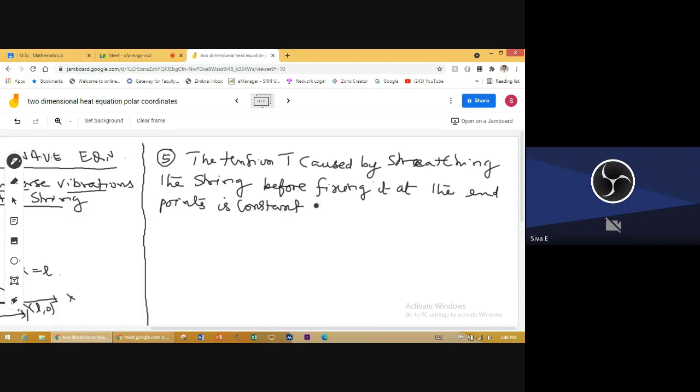Important also: the tension T caused by stretching the string before fixing it at the end points is constant at all times, at all points of the deflected string.